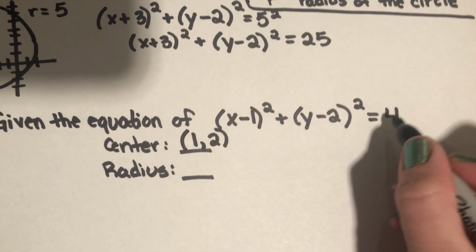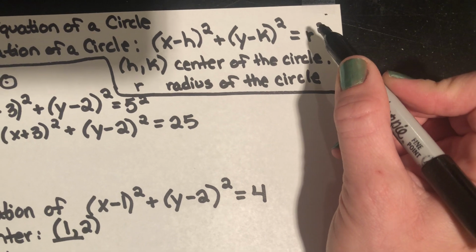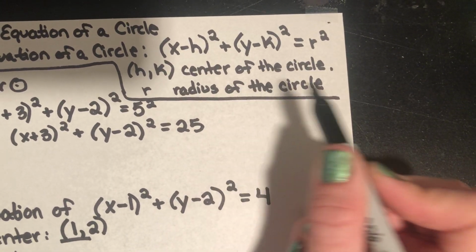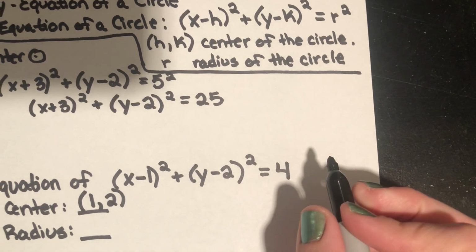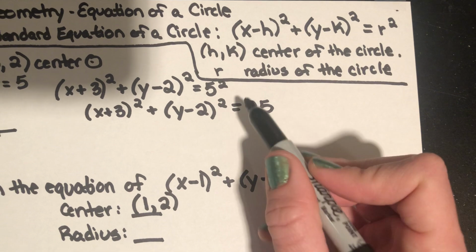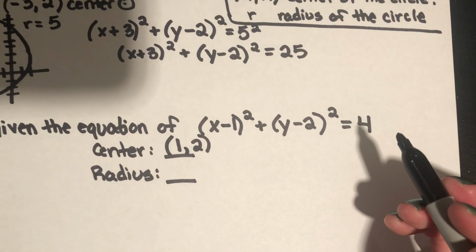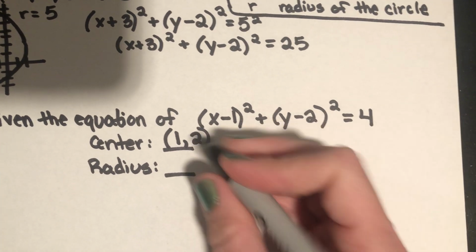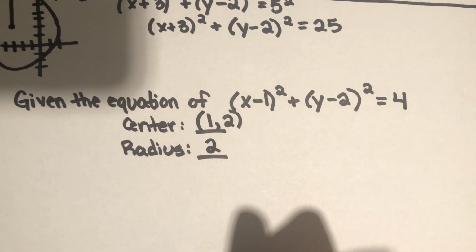Our radius: this equation equals r squared, so whatever number is on the right, we have to take the square root of it. Just like above, the square root of 25 is 5, and that was our radius. Here, the square root of 4 is 2. That is our center and radius.